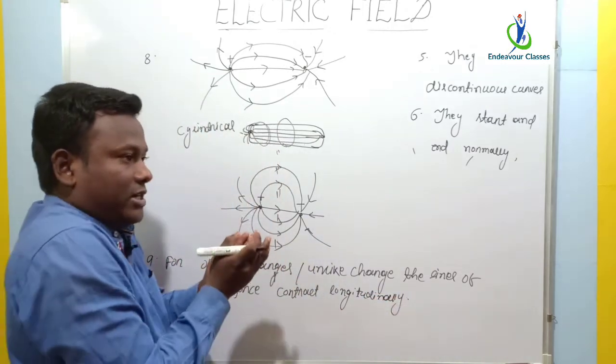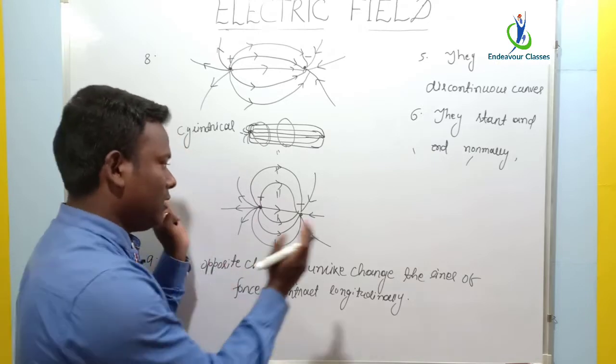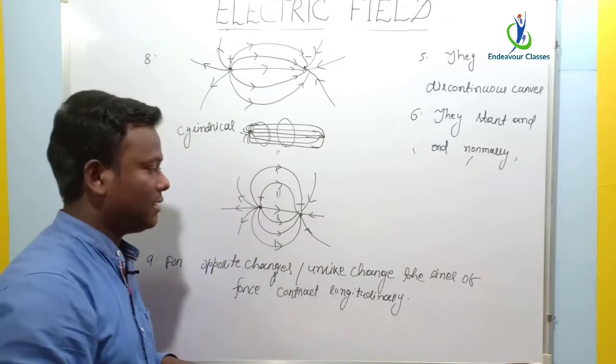So for unlike charges, or opposite charges, the lines of force contract longitudinally, which indicates the attraction between unlike charges.